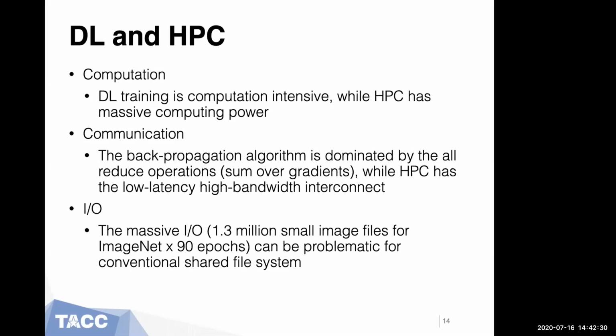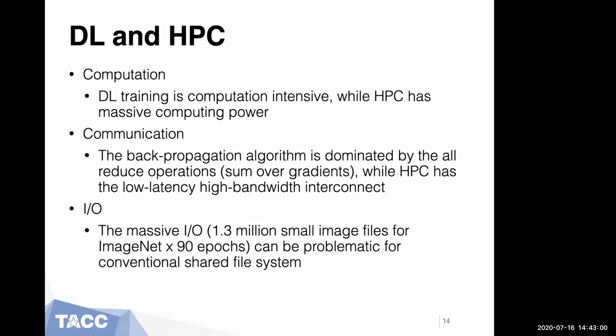So from an HPC perspective, when we look at a type of application, we care about three things: computation, communication, and I/O. If you look at the data parallel implementation of deep learning frameworks, it has these three parts too. DL training is computation intensive, especially with convolution, LSTM, or transformer.